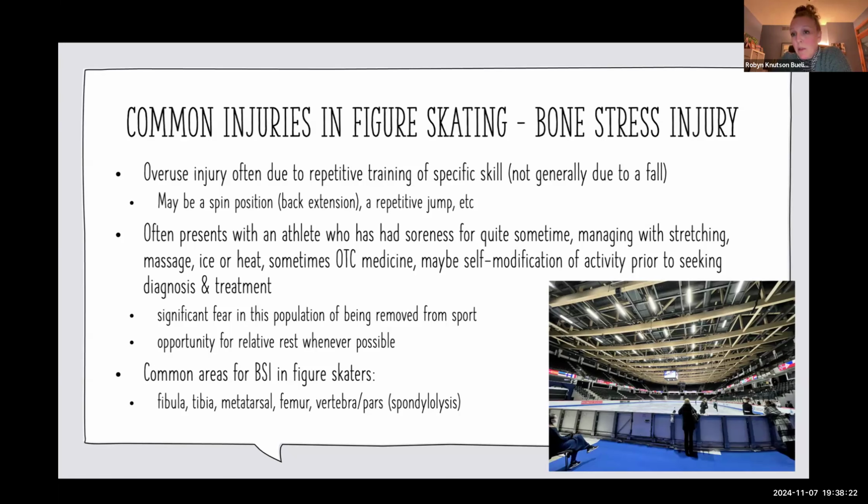They've been trying to manage it on their own. They've been stretching, they've been massaging, they've been taking over-the-counter medicines, they've been using ice. They maybe tried not doing a particular thing and doing something else to see if they could get it to go away. There is significant fear in this population and significant fear in their coaching staff of being removed from their sport, being just told they can't skate.